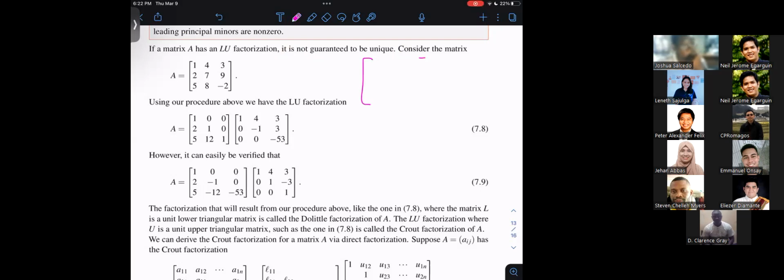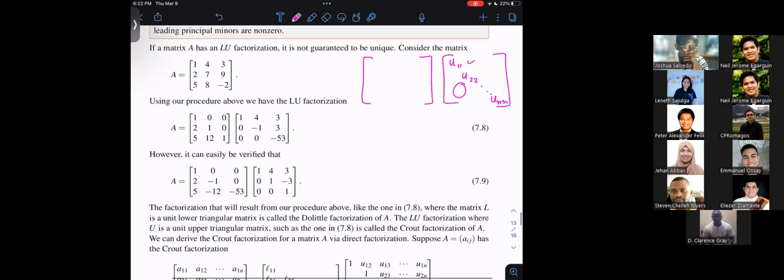So you have an upper triangular matrix U, with U11, U22, until UNN. It's upper triangular, so everything below the main diagonal is zero. You have a bunch of entries over here. We don't know how they look; the process will give us those coefficients.